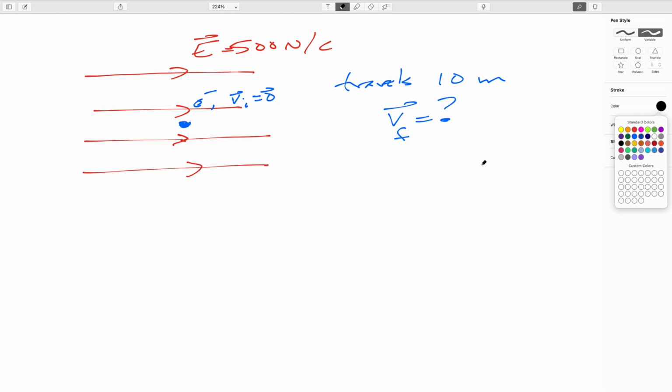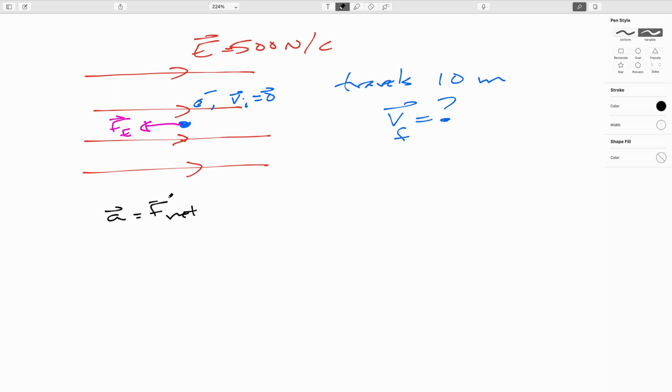We can work out that since the electric field points to the right, and this is a negative charge, that means that my electron will feel an electric force to the left. So one of my tools here is going to be Newton's second law. We can say a equals F net over m, in which case this will be equal to minus eE over m.